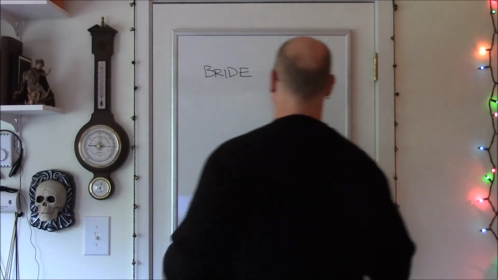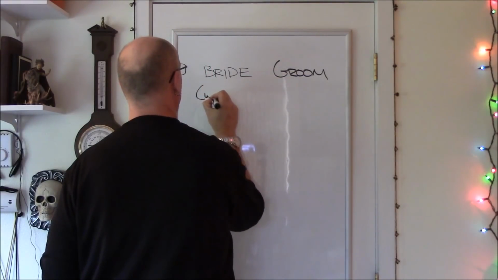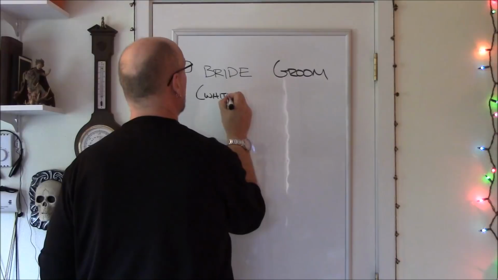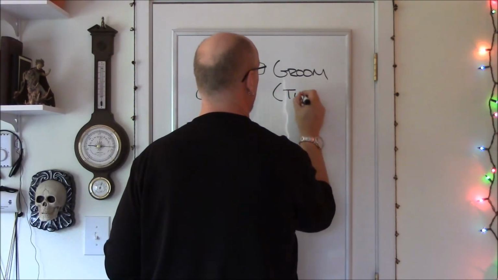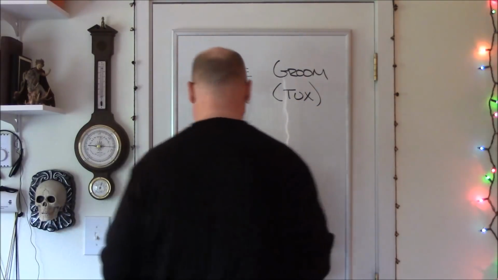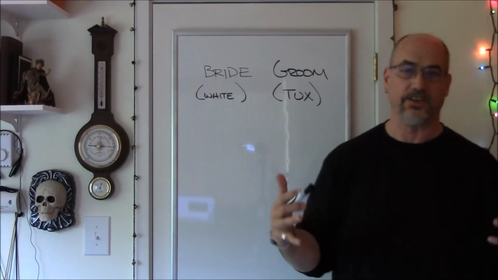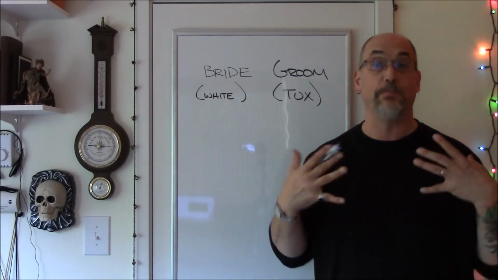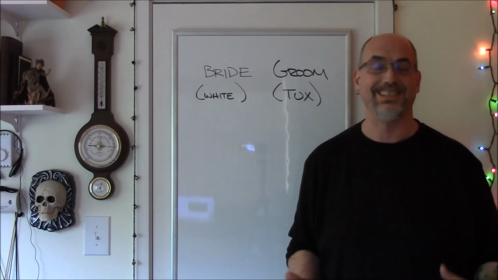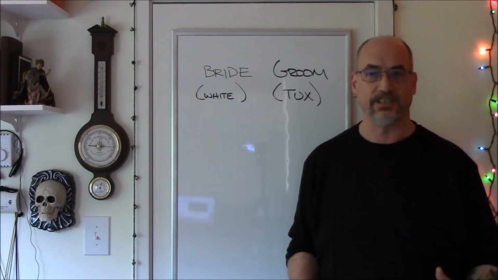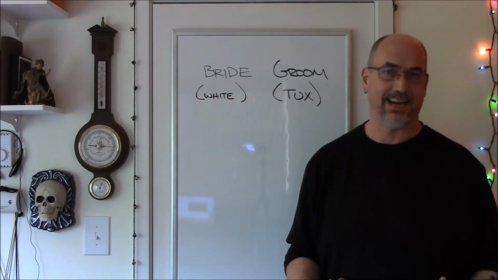What do I mean by that? Well, the bride is typically clad in white, and the groom, if he's wearing a tux, and he's not in the military, or a part of a particular unit wherein he then is representing that unit as a component of his identity or his function. Okay, if it's just a regular guy, then he's probably wearing a black tux.